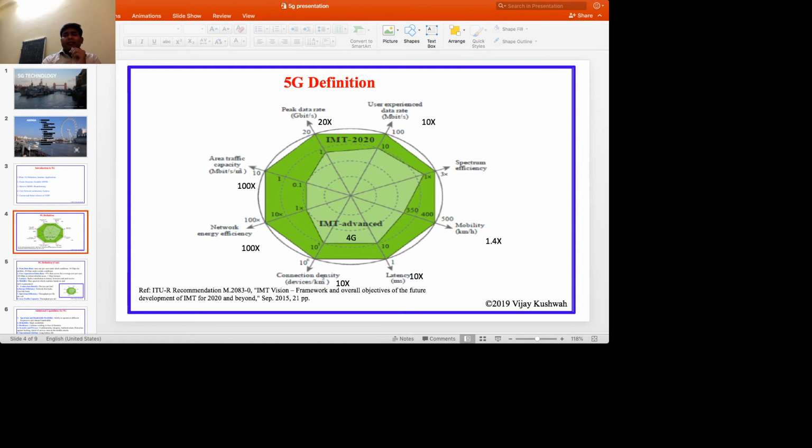Right now in 4G it is 1x, and in 5G it would be 3x, that is 3 times. Whatever bits per hertz you are getting, you should get 3 times more for the same amount of spectrum.